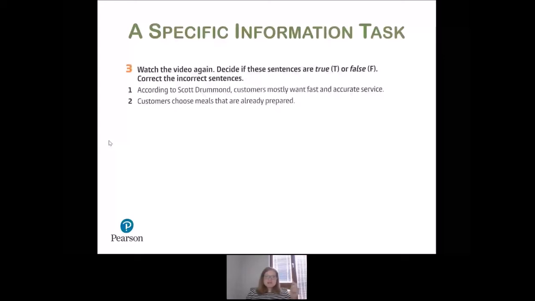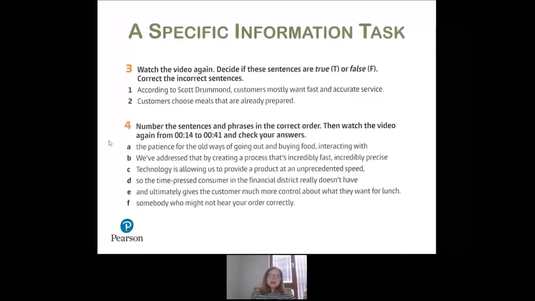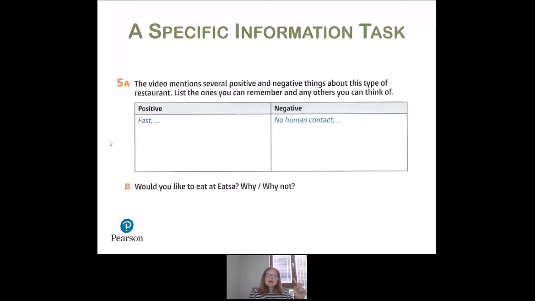So here we have some ideas for the true false sentences, or it can be ordering a sequence of events. So students have different descriptions of what happened in the video, and they should put them in the correct order, how it happened. It can be comparing positive and negative facts.